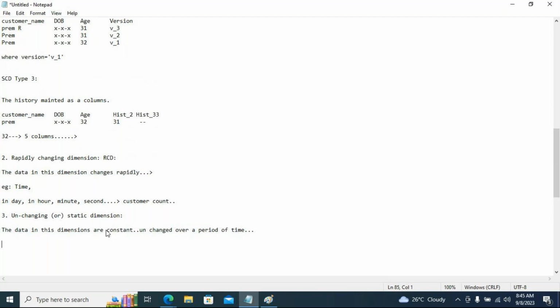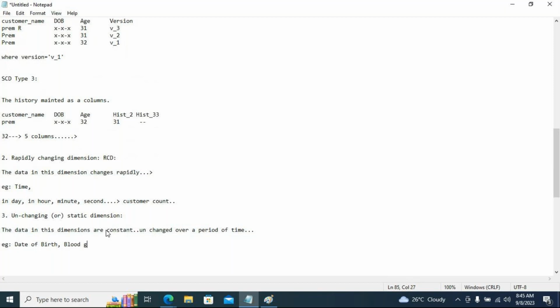What type of data will be part of this unchanged dimension? Can you give me one example for this? For example, date of birth of a customer. Date of birth cannot be modified, right?